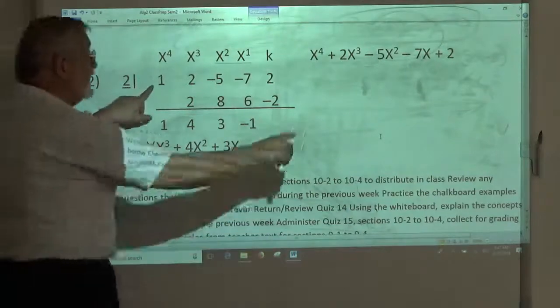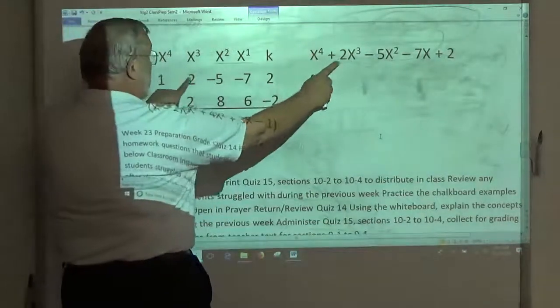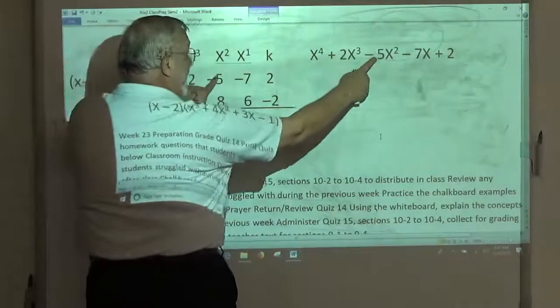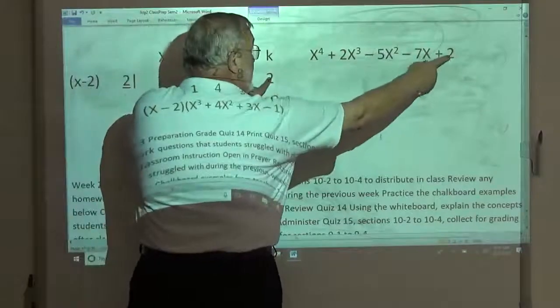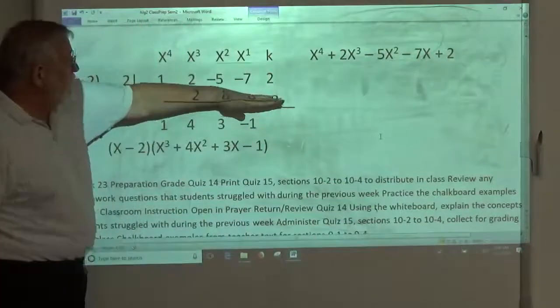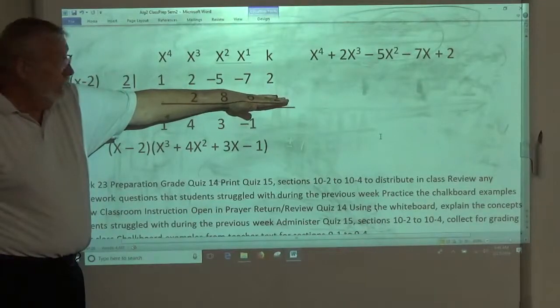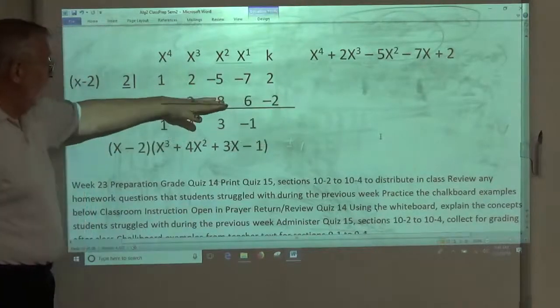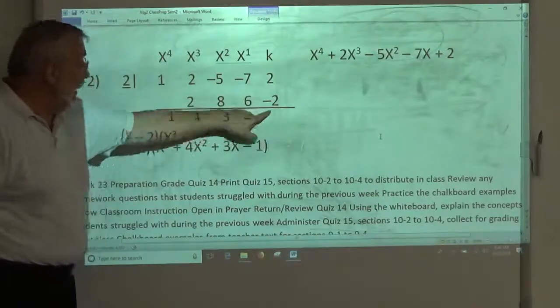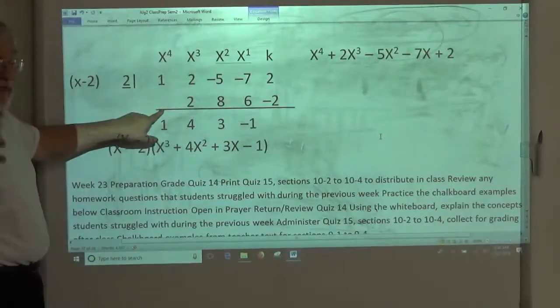If you'll notice, I have 1, 2, -5, -7, and 2. Now, this line right there is not there when you start. What you do is skip a line, because you're going to put those numbers there, and you draw this line. So do that on your paper.